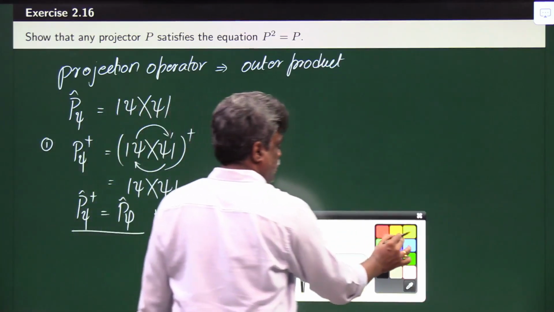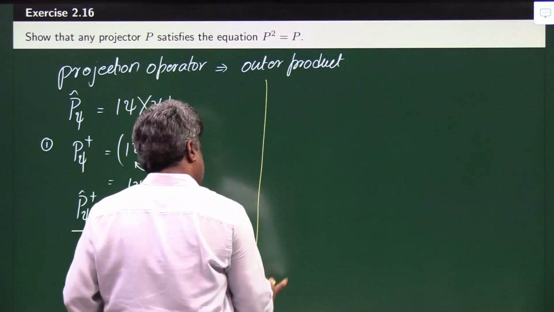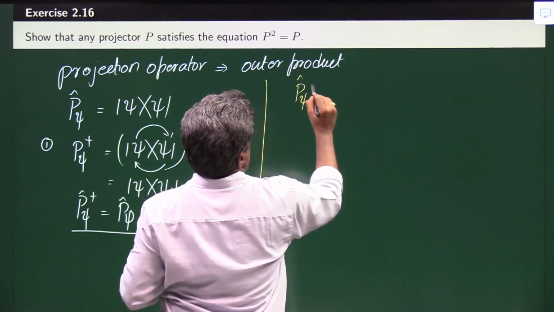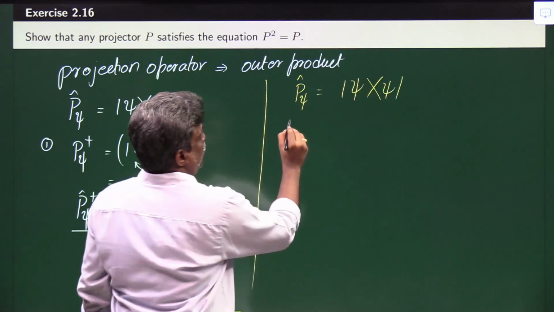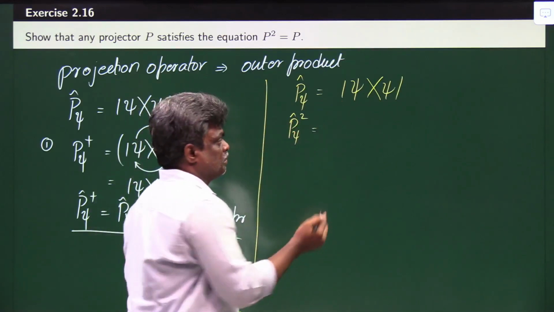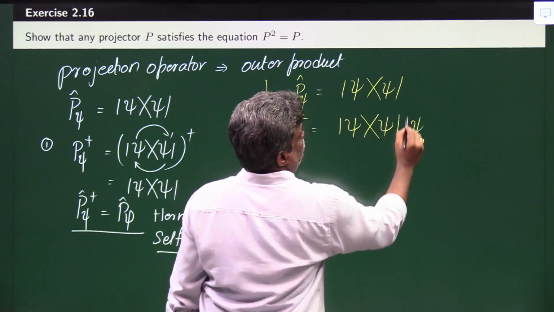And the next one, here they're asking for another property, that is P square. Here I have taken P psi, which is the outer product psi psi. Now I'm taking P psi whole square. You just multiply two times. This is psi psi, and again one more time psi psi.